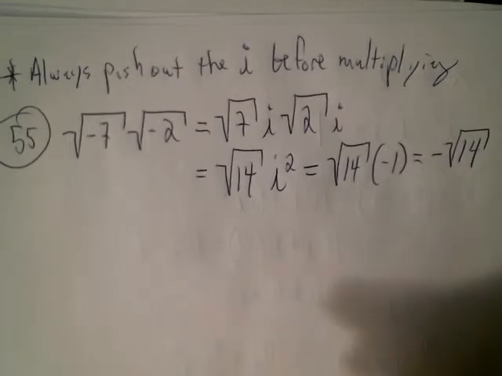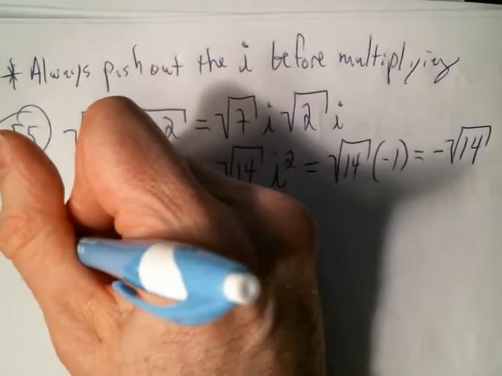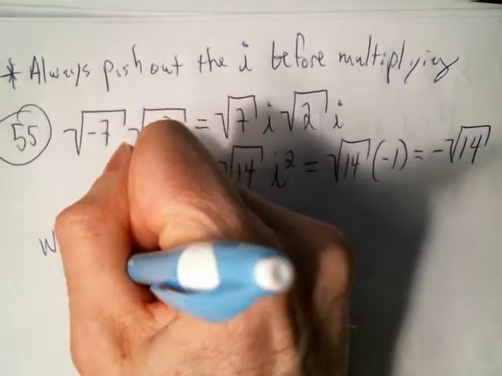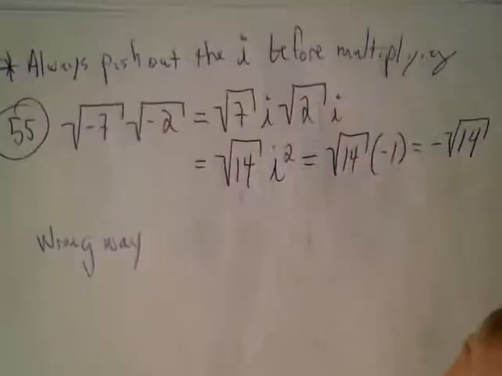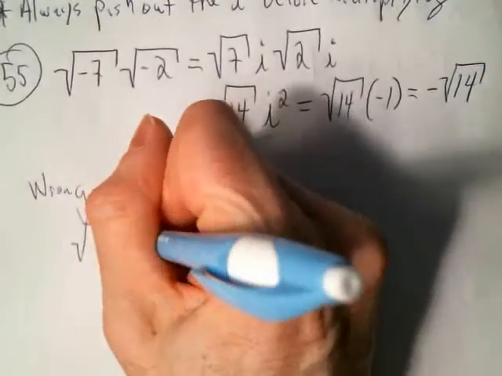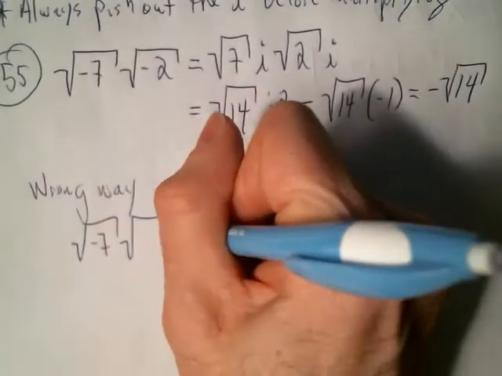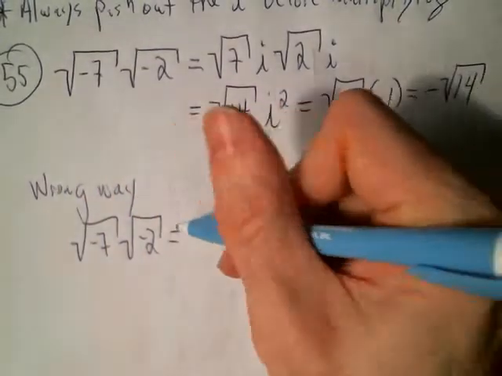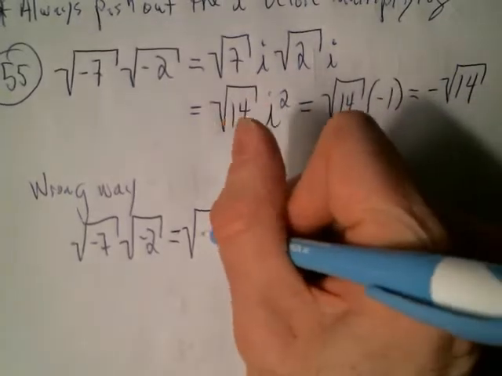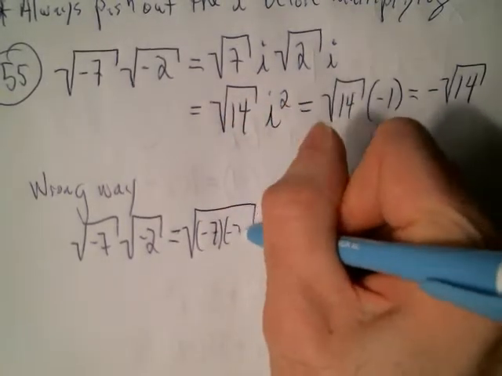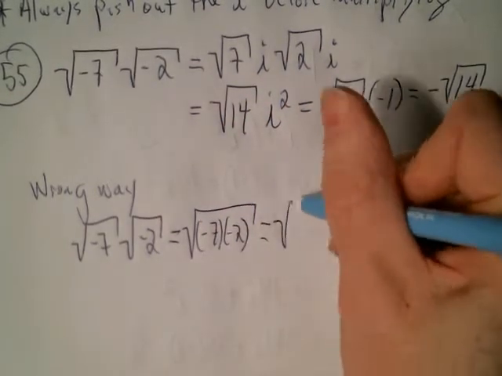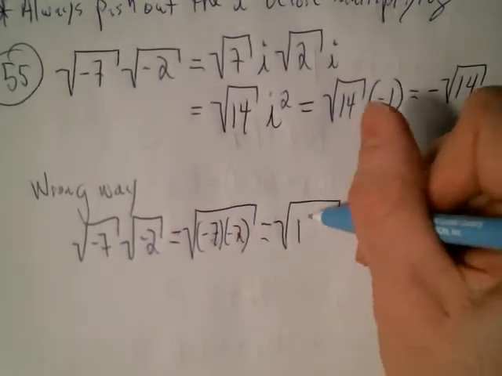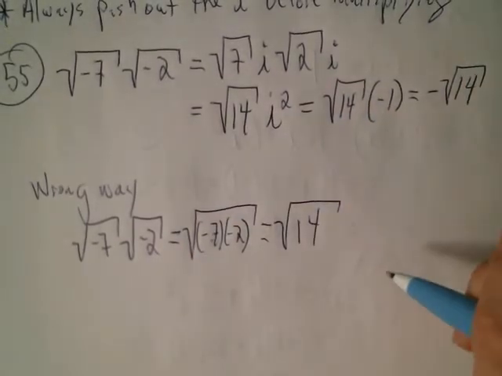So what would happen if I didn't push out the i? Well, it turns out you'll get the wrong answer. The wrong way is to use the product rule to multiply out this radical as radical negative 7 times negative 2. So it'll give you a radical of negative times negative, which is positive 14.